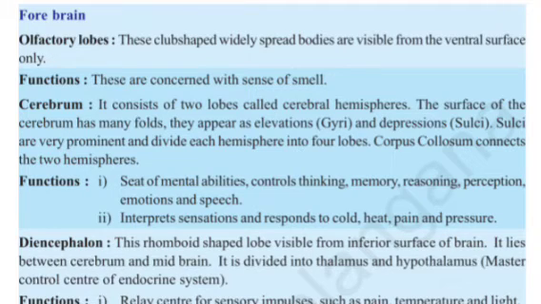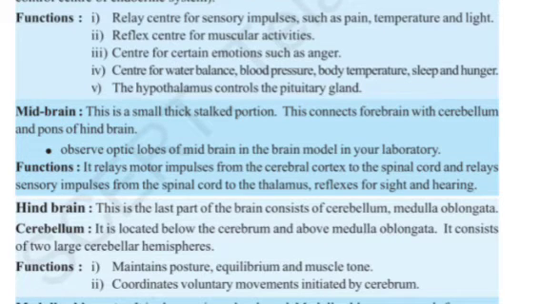The main function of the diencephalon is BPT WASH. B is blood pressure, T is temperature, W is water equilibrium, A, S is sleeping, and H is hunger. These are the functions.